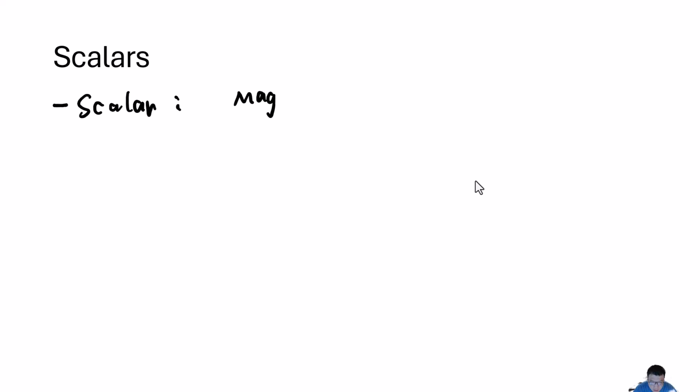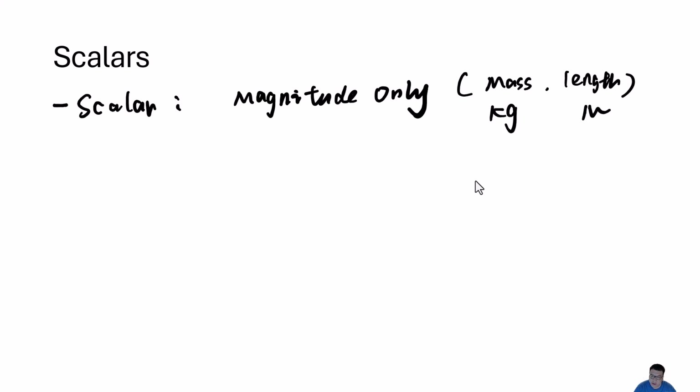Okay, so in other words, like the mass, like the length, the kilogram, and the meter, they are measured with magnitude only. So those features are scalars.